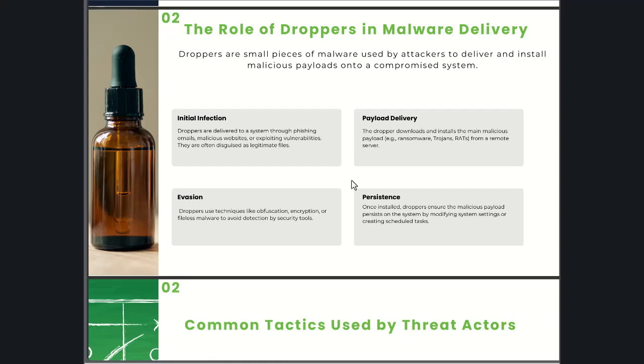So what's the role of droppers in malware delivery? Initial infection is a very important one. The main question that comes to your mind: why can't the shellcode itself be used as a payload? Because it's detectable, it's already defined by vendors.